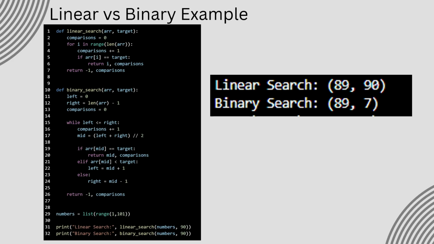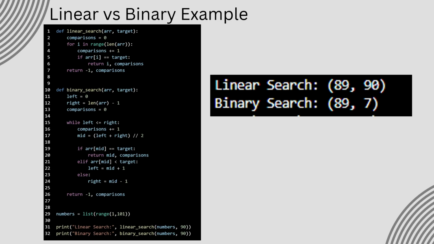So sir, now I will explain to you the codes for activity 4, which are the linear, binary, bubble sort, and insertion sort. So sir, the first is the linear search code. The function starts by creating a variable called comparisons to count how many checks are made. Then it loops through the list one by one.